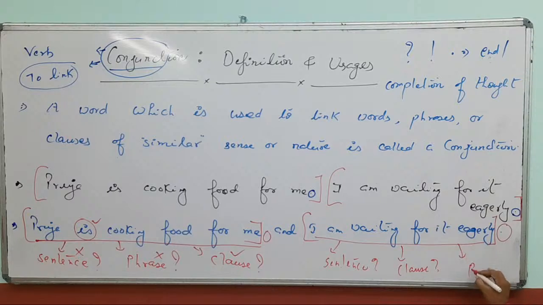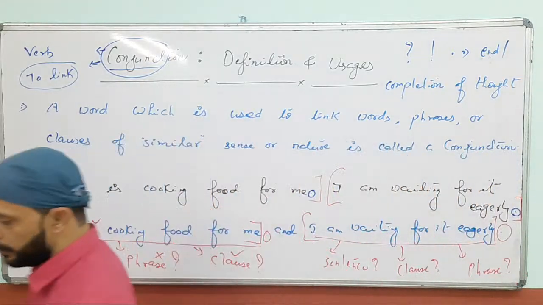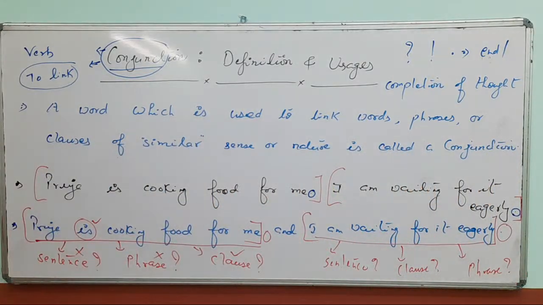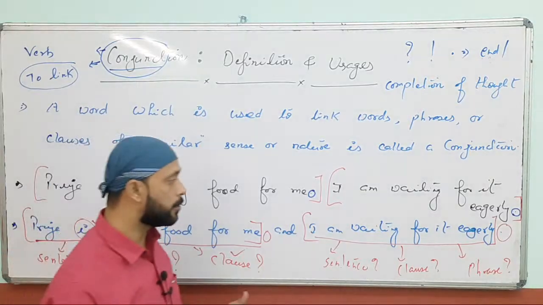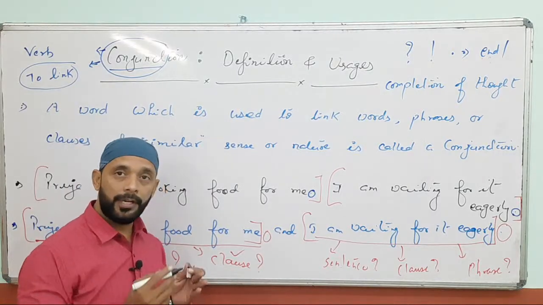Is it a phrase? What? You can again answer. Because you can practically see what it is actually. Okay, so the answers here from Sarita and Deen Dayal, that is clause. Exactly, it's a clause. You cannot go for it as a sentence.